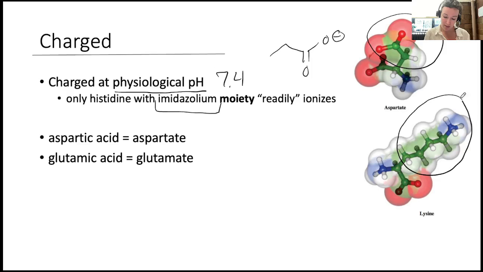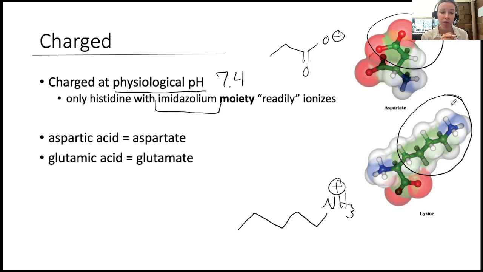Lysine, on the other hand, our group is this alkyl chain that ends in a positively charged amine, and you can see from the blue in the diagram also has some more electron density there.